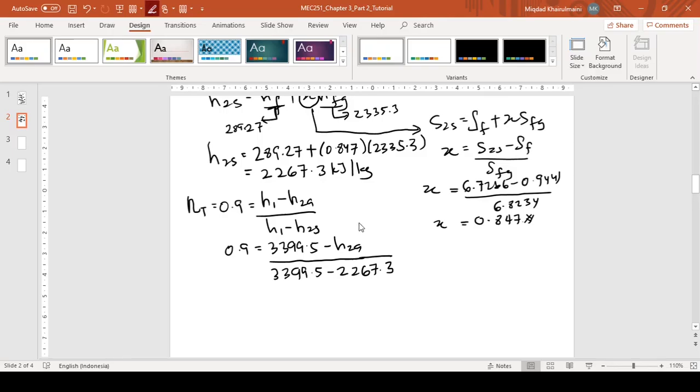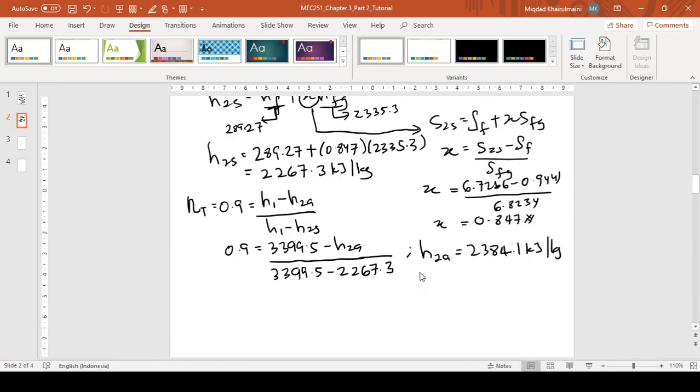When we calculate h2a here, we will get 2384.1. So this is the actual specific enthalpy.